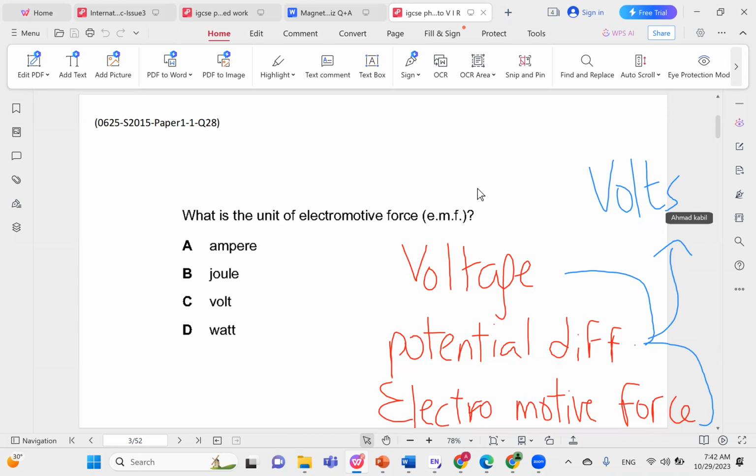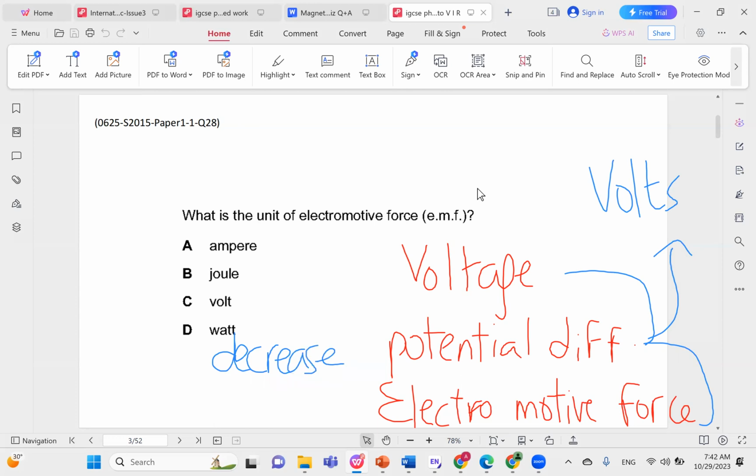So what is the difference between the three quantities? Volts are a measure of the voltage in a circuit, in a sense. Potential difference is basically the decrease in voltage as charges pass through a resistor, for example. So this is a decrease in voltage.